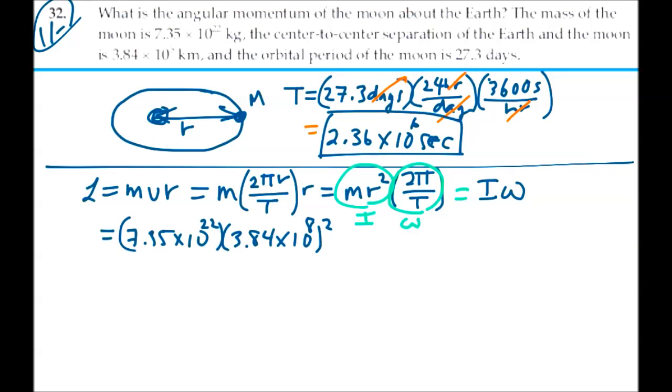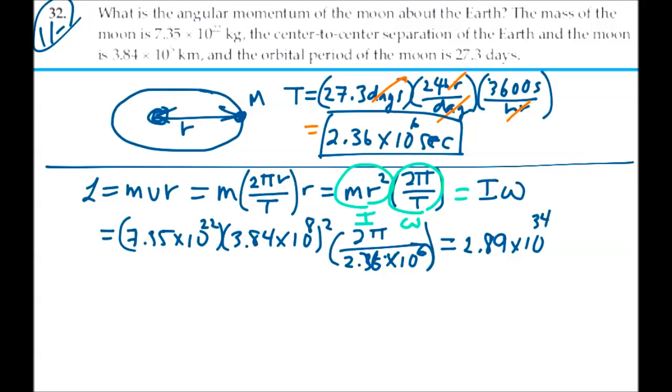We'll square that, times 2 pi over the period, 2.36 times 10 to the 6 seconds. And this is equal to 2.89 times 10 to the 34 kilogram meter squared per second.